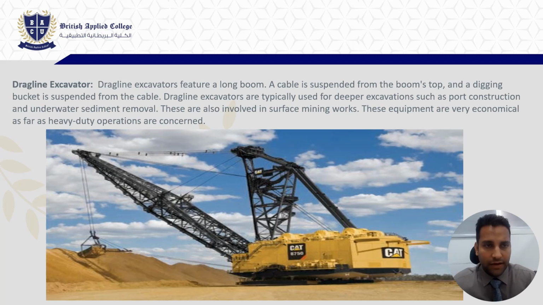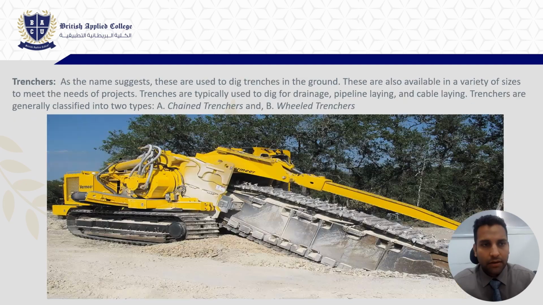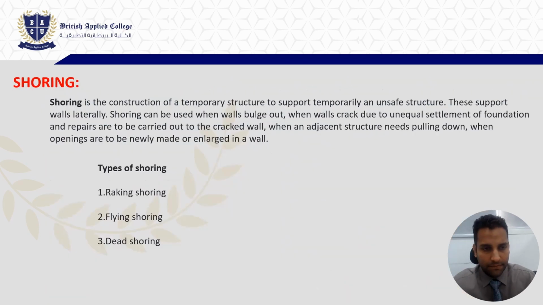So the dragline excavator is used when you are working at a high elevation and you need to take out something from the lower elevation. Trenchers are generally used to create trenches. Okay, so these are the types of excavators and the excavation process.